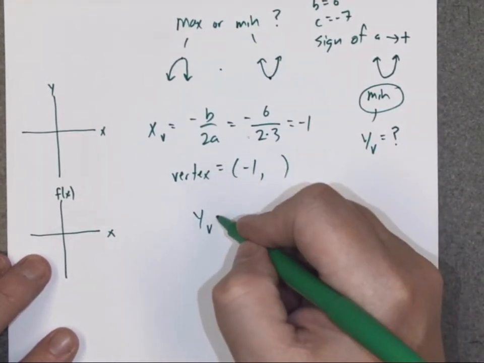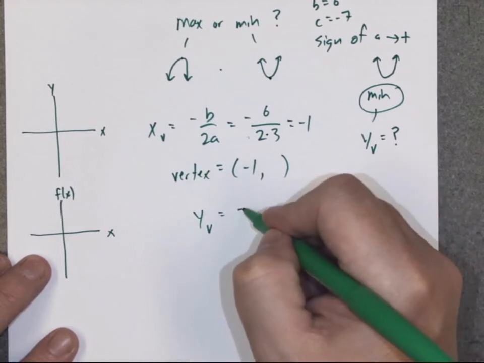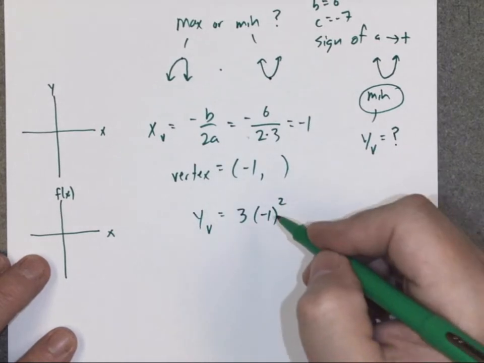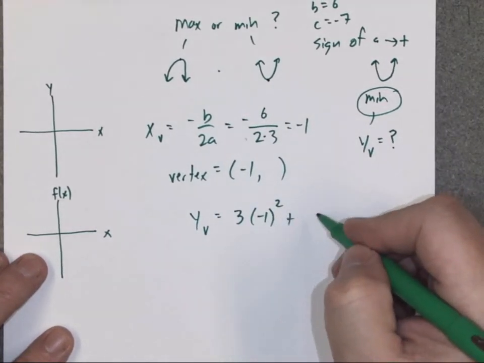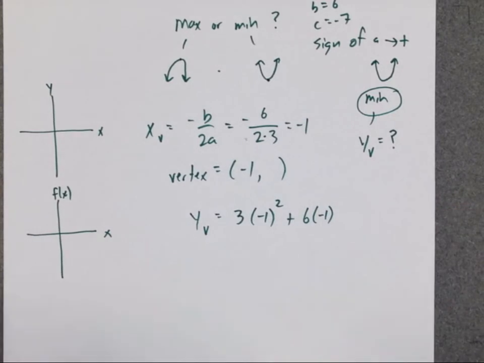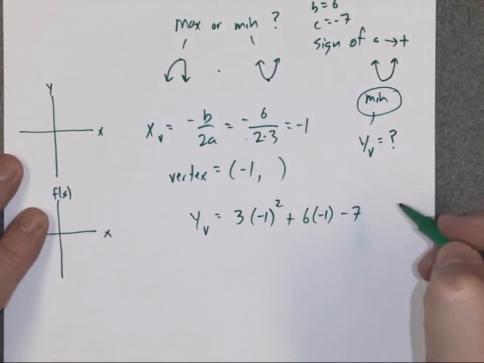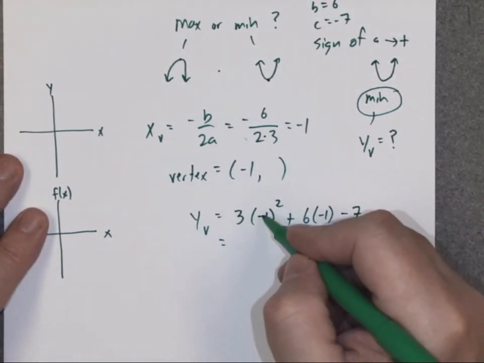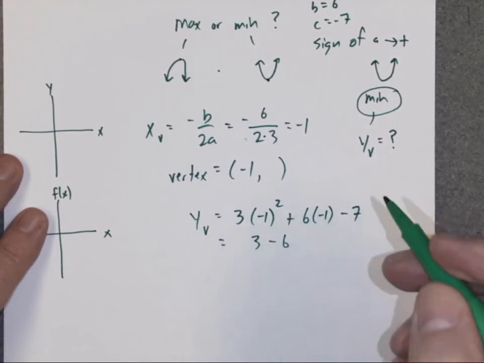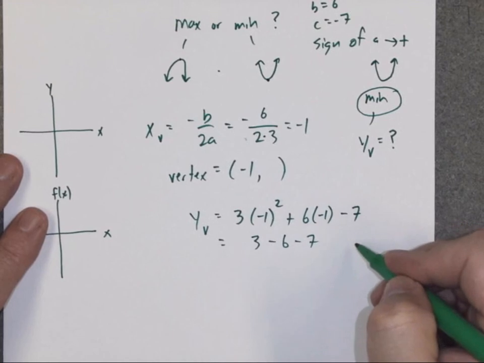So let's plug negative 1 in for x in my equation. So 3x squared, plug in minus 1 for x, minus 1 squared, plus 6x, plug in a minus 1 for x, minus 7. Negative 1 squared is 1, so this is 3 minus 6 minus 7.